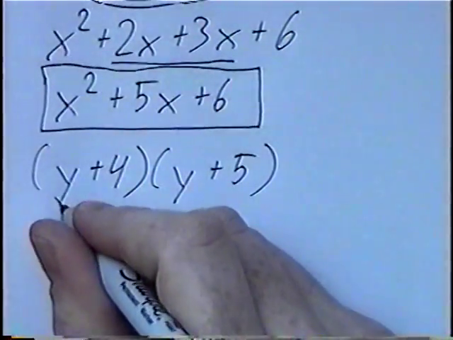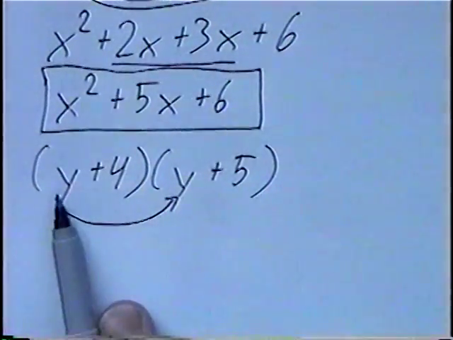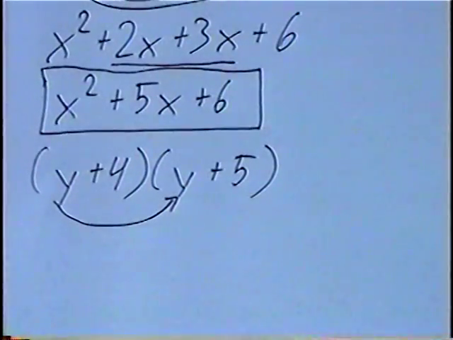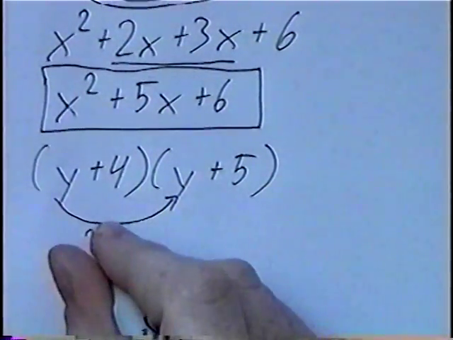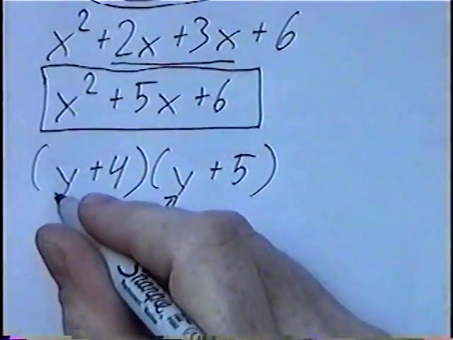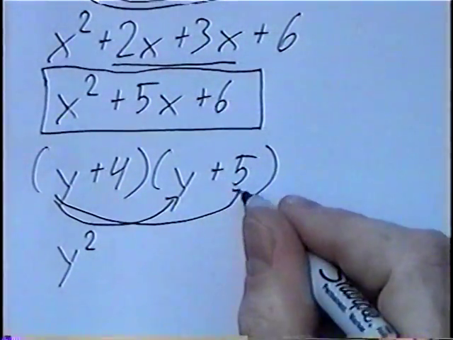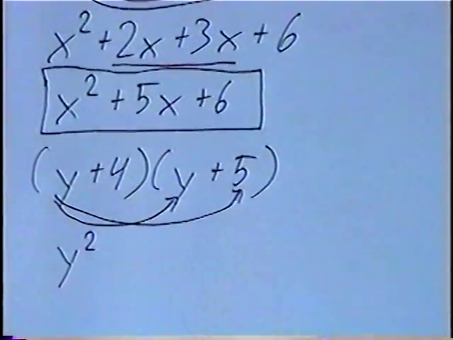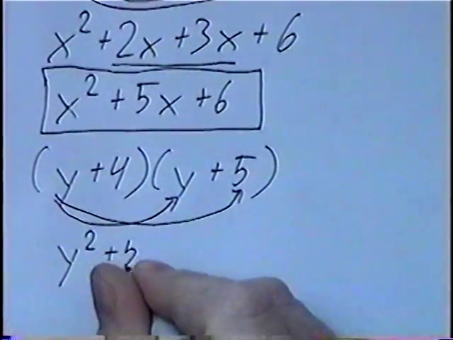Following FOIL, the first terms, which again are the first numbers or letters in each of the 2 parentheses, y times y would be y squared. The O in FOIL is outside. Going from the far left side to the far right side, we'll have y times 5, which is 5y.